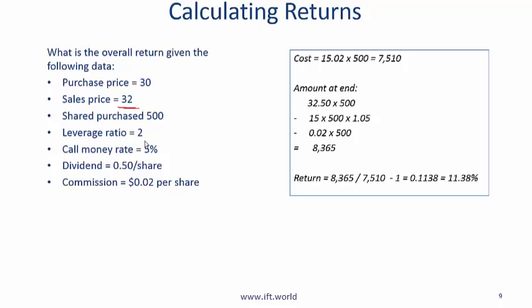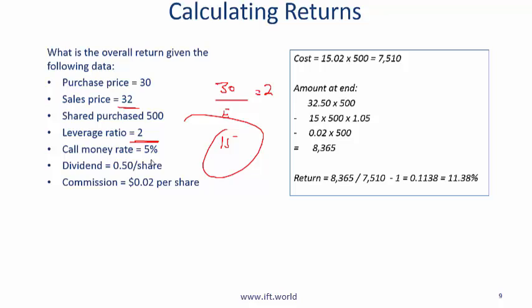Leverage ratio is 2. What does that mean? So this means that your stock price 30 divided by the equity, the amount of money that you put in, is equal to 2. So how much money did you put in then? So you must have put in 15.